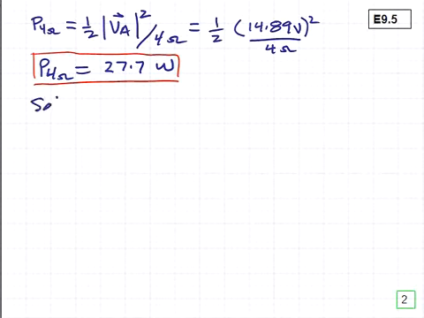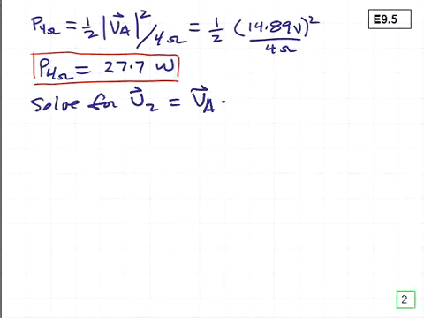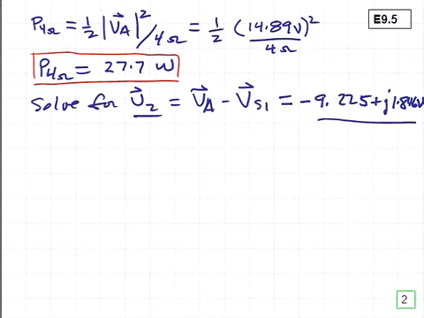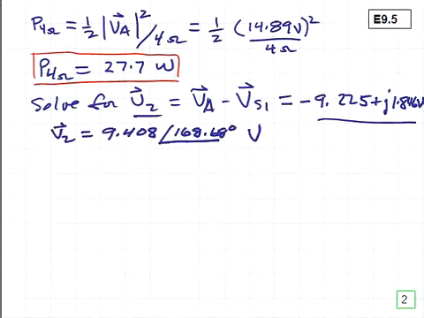Now we'll solve for the voltage V2, which appears across that 2 ohm resistor. That equals V sub A minus VS1, which equals minus 9.225 plus j1.846 volts. Or in polar form, V2 is equal to 9.408 at an angle of 168.68 degrees volts.